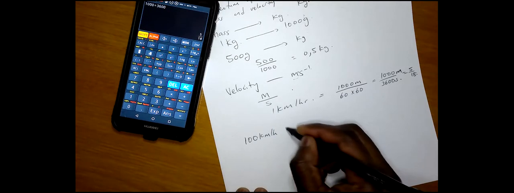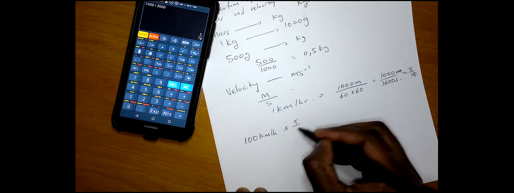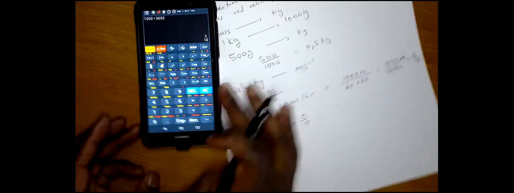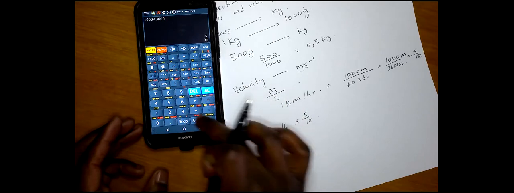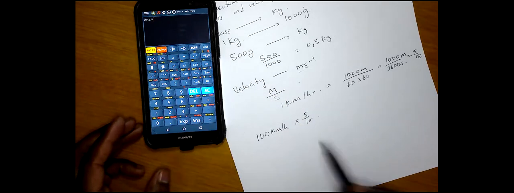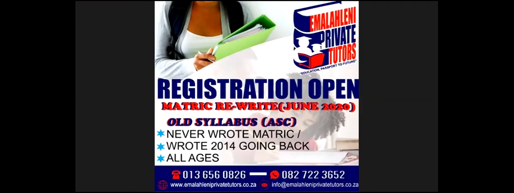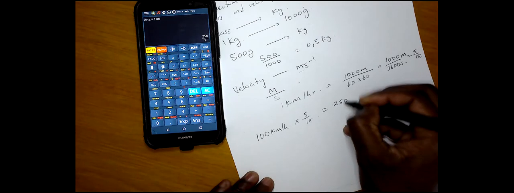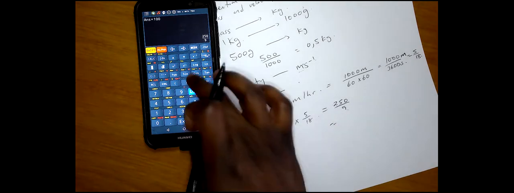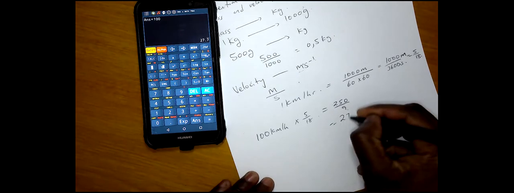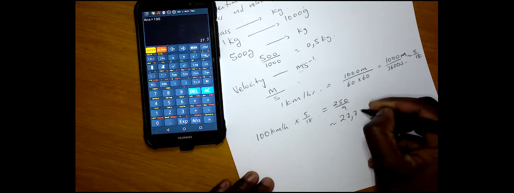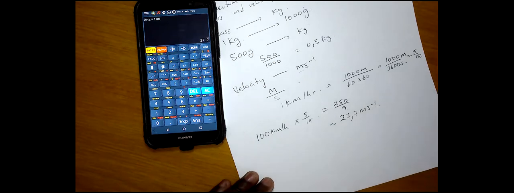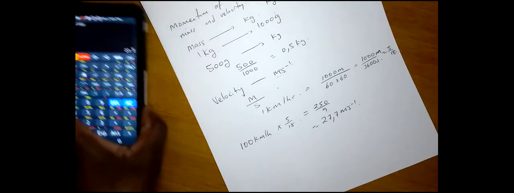You must multiply it by 5/18, times 100. We get 250/9, which is equal to the decimal 27.7 meters per second. So you must always know that your unit must be in meters per second.